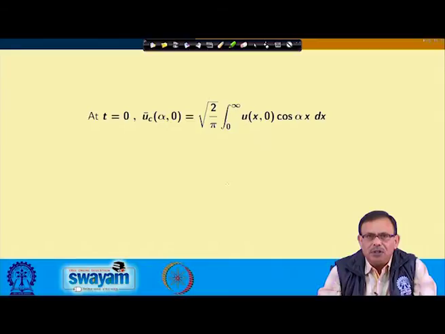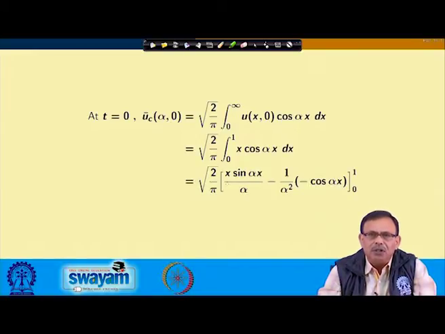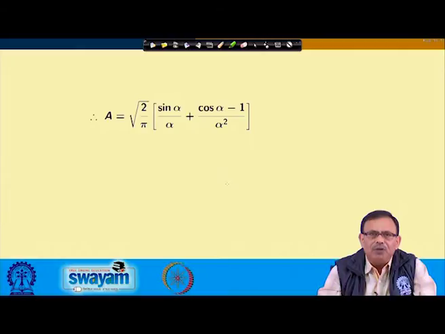So, this is the integral from 0 to infinity u x 0 cos of alpha x dx, and we know u x 0 equals x in 0 to 1, otherwise u x 0 is 0. So, it boils down to this integral. If I evaluate the limit, I will obtain this function of alpha, and this is the value of a.